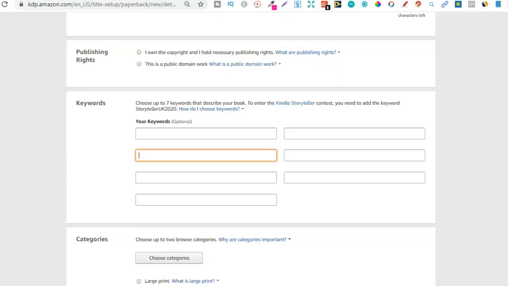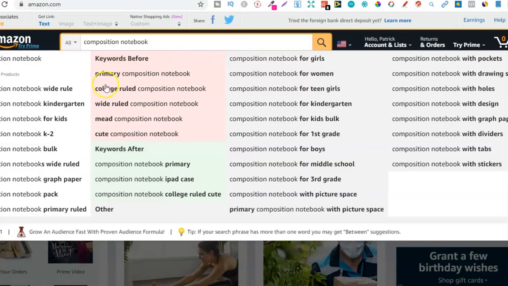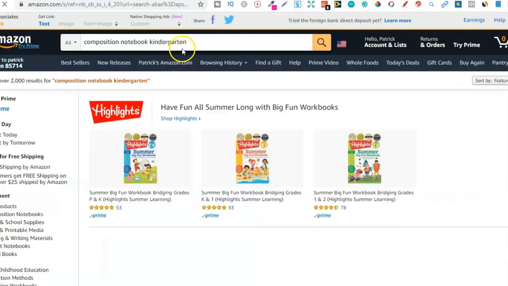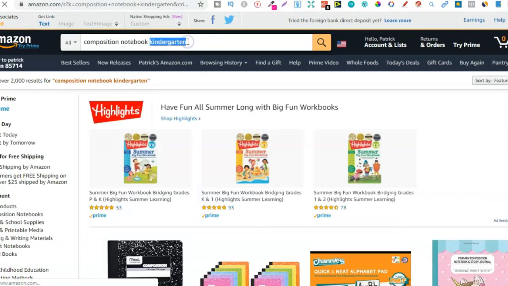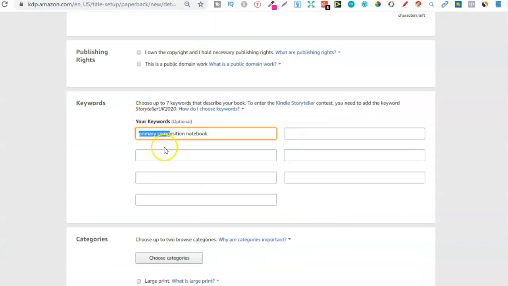So you would take that. Maybe composition notebook wasn't a very good one to use as an example because we're going to be using the same keyword more than once. But nonetheless, I'm just going to do this anyway. So composition notebook kindergarten. So let's take that. Put that just there.